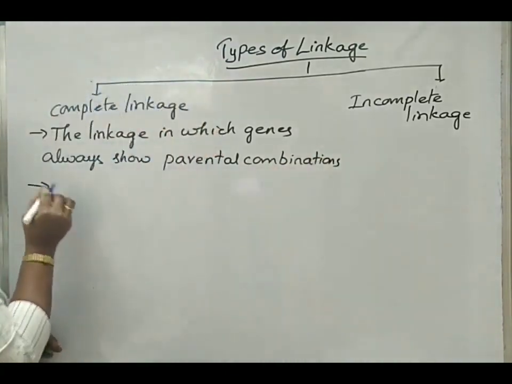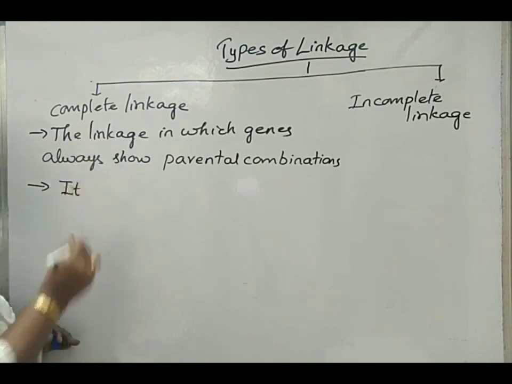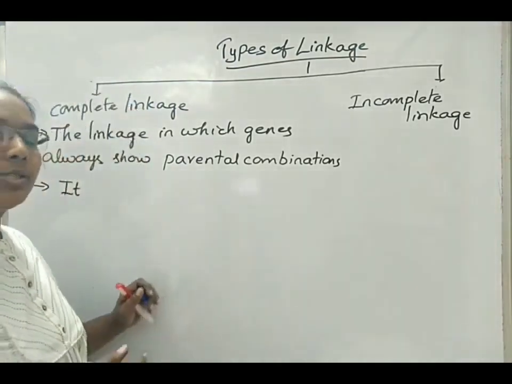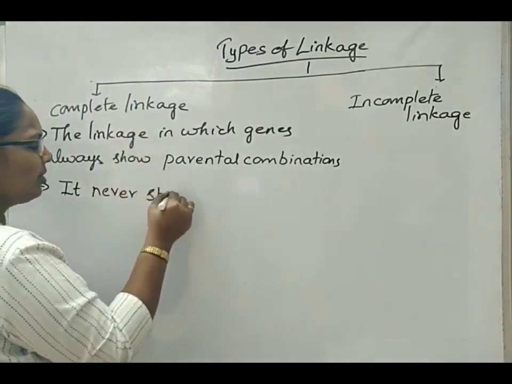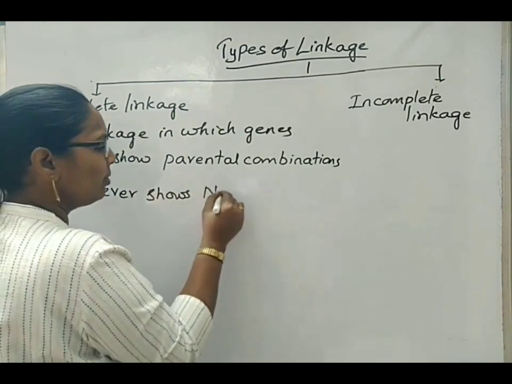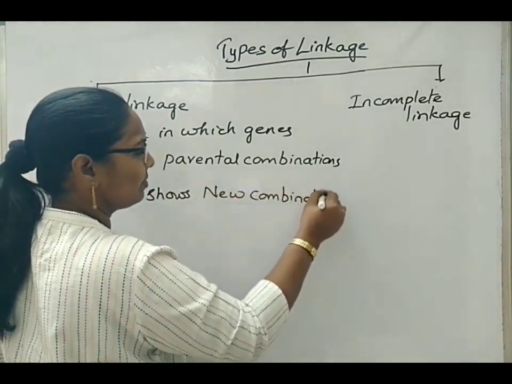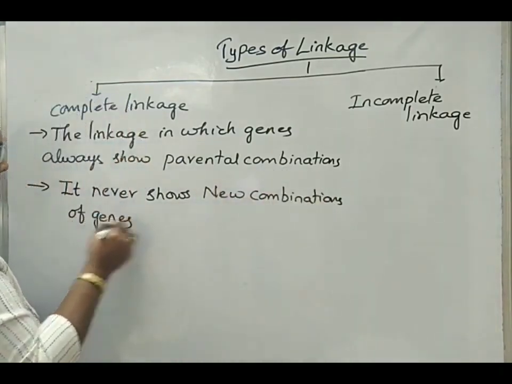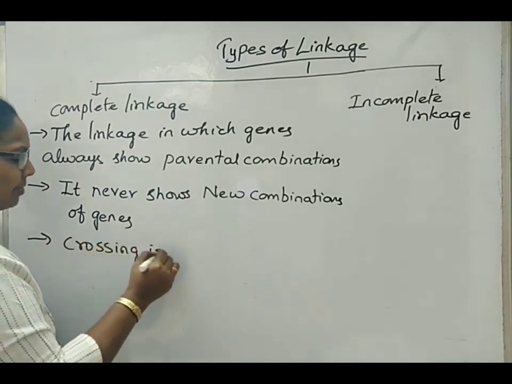Such a type of linkage will not exhibit variations, crossing over or new combinations of genes. This type of linkage never shows new combinations of genes. It means that crossing over is completely absent.